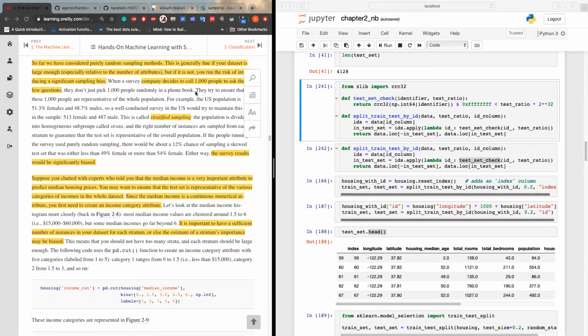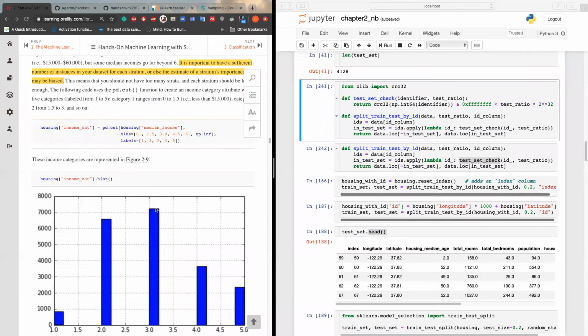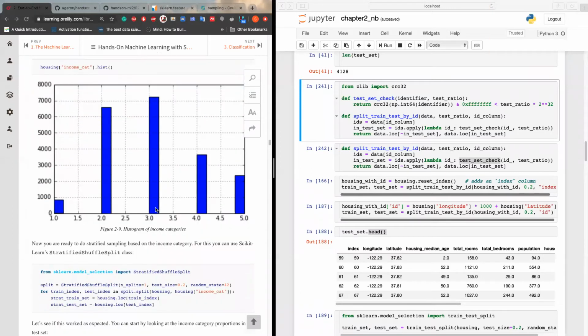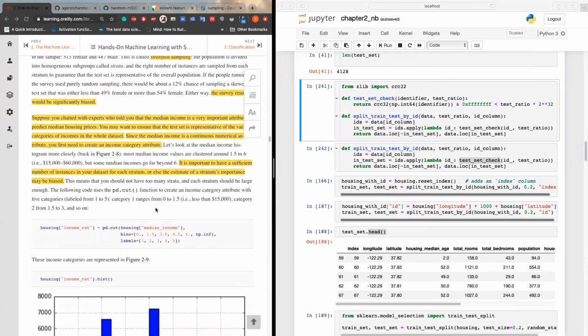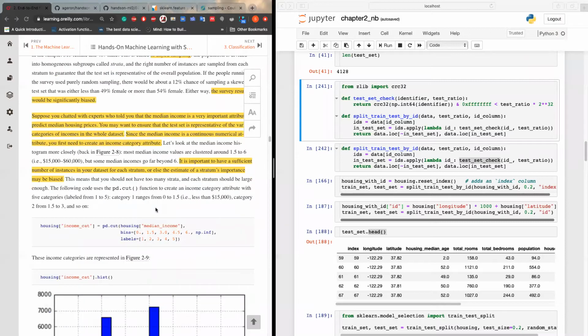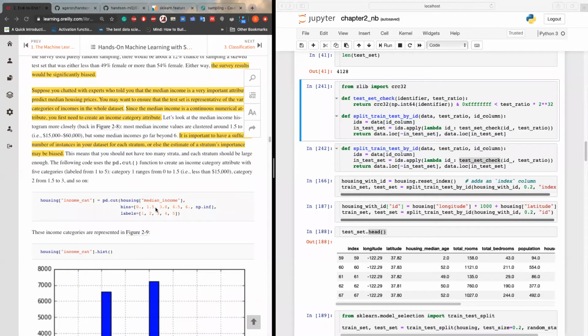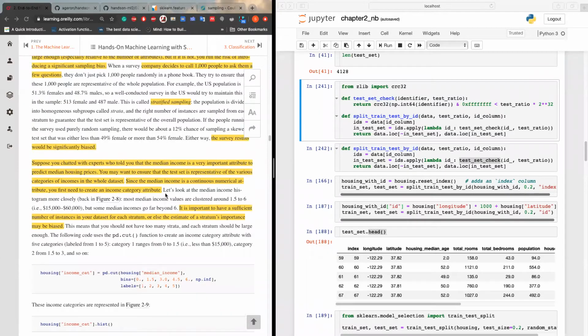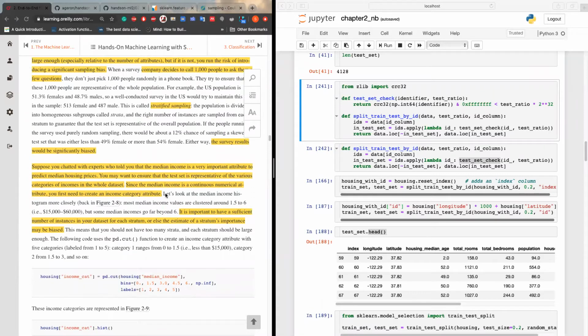So it looks like you can do it based on any feature. Oh, I see. Okay. Because the true population is like 48.7% male and 51.3% female. So you don't want to have even the training sets with features that are not representative of the population.